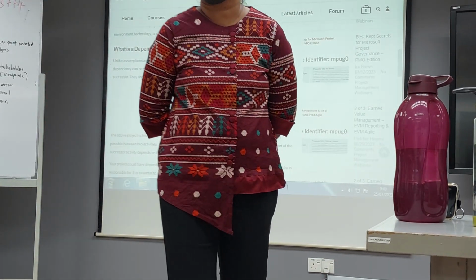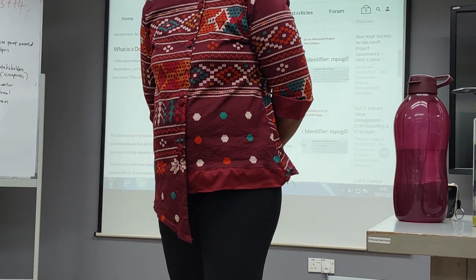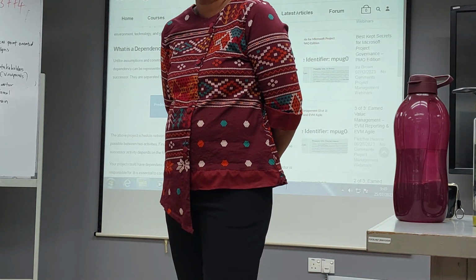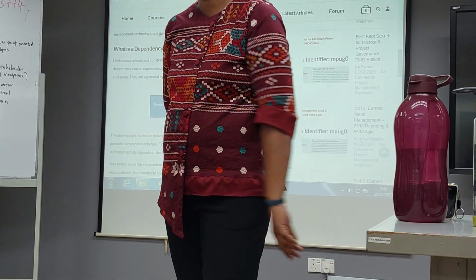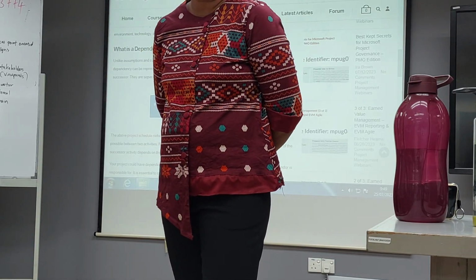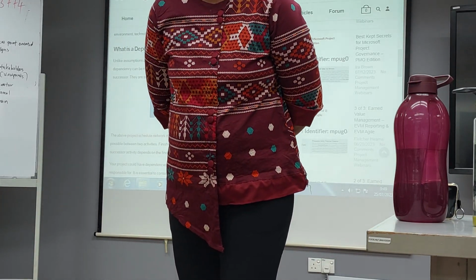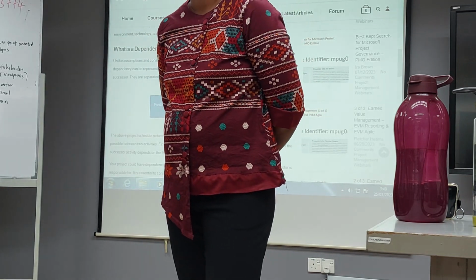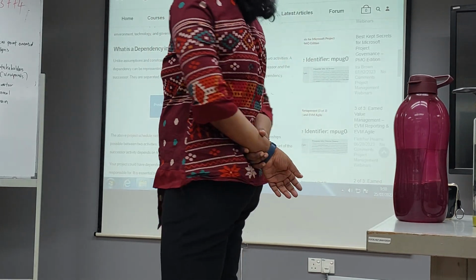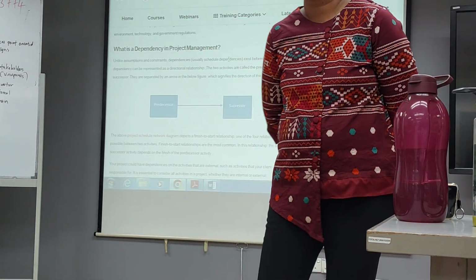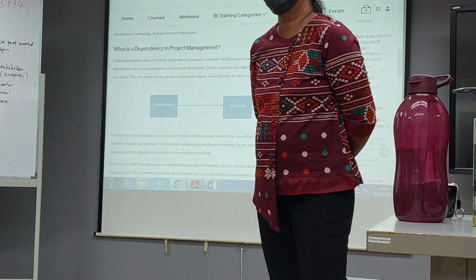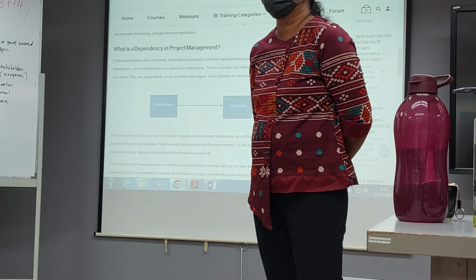Constraints are limitations, kind of like conditions. Conditions overlaps, so limitations are better. Constraints are limitations. What is dependency? Can you give me one example of dependency?